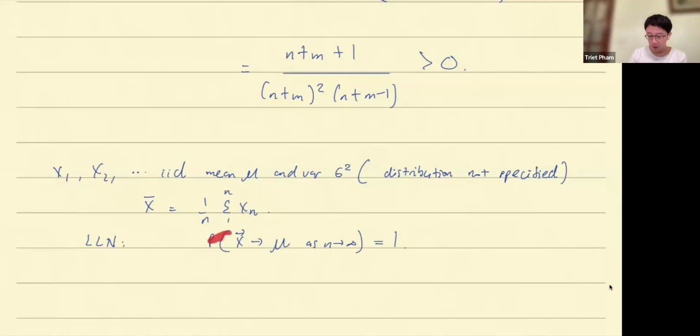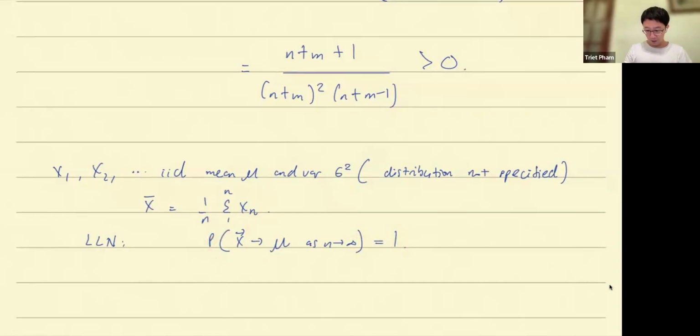Notice that a lot of times you will only see the casual version, which is how people tend to write it. But technically speaking, that's not vector x, it is x bar, and x bar is a random variable. So x bar converging to mu is a random event. A random variable converging to a number is a random event, so you have to put a probability on it. The fact that the probability is 1 is a good thing, meaning it's guaranteed that this converges.